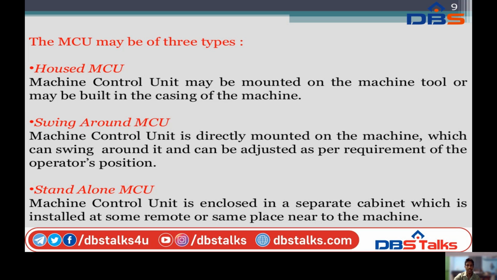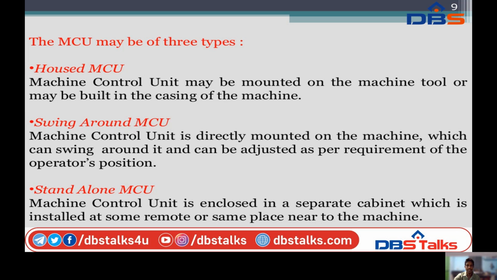Coming to the second one, swing around MCU. In this, the machine control unit is directly mounted on the machine. Students, see the difference between housed MCU and swing around MCU. In the housed type, we are mounting the MCU on the machine tool.